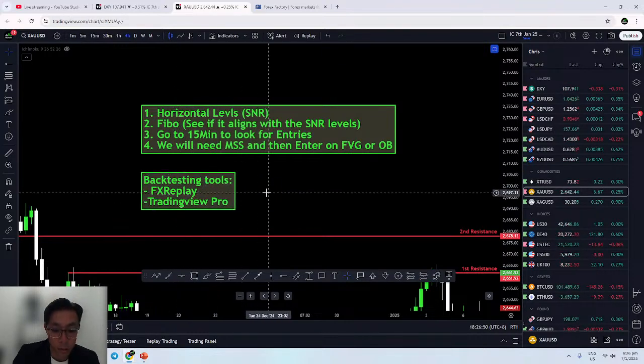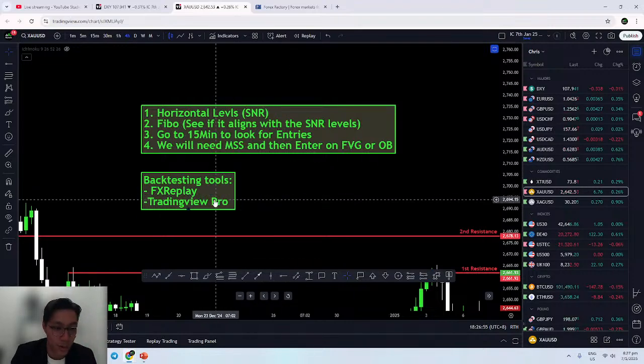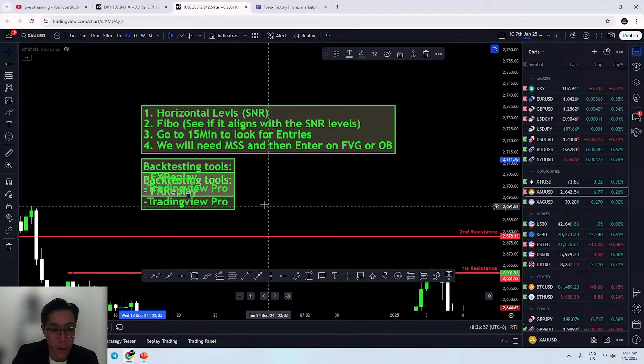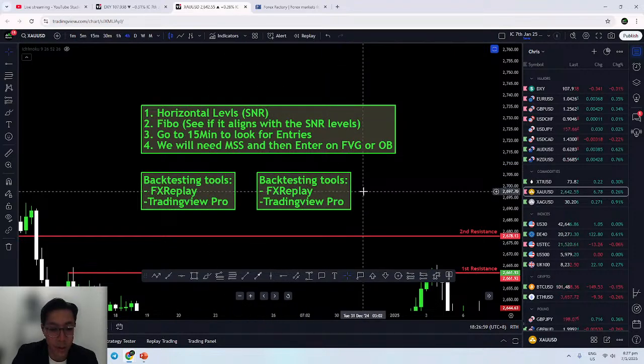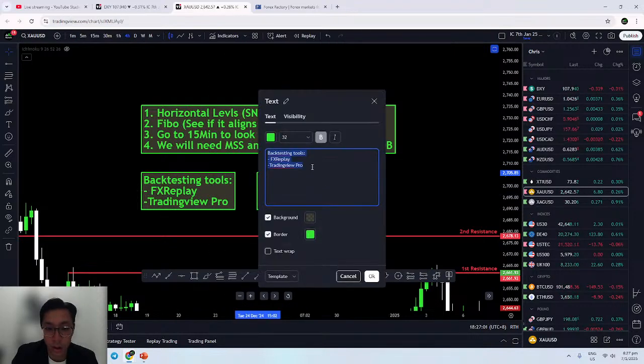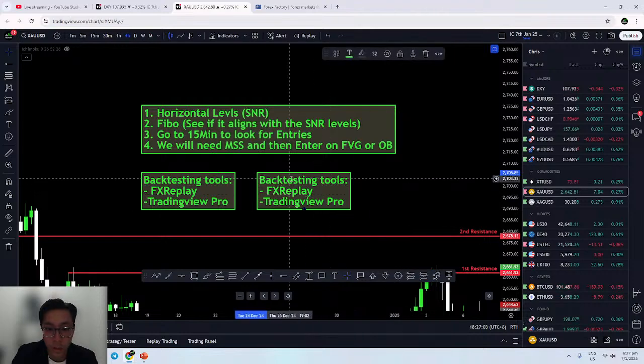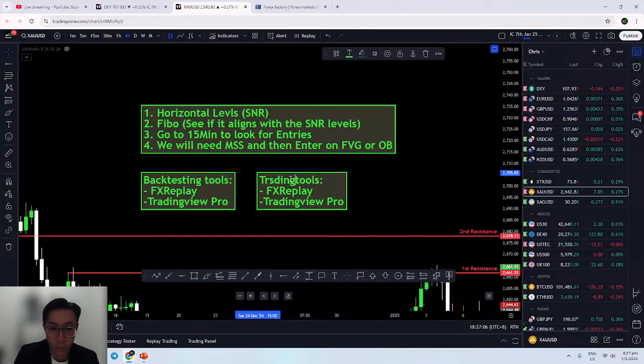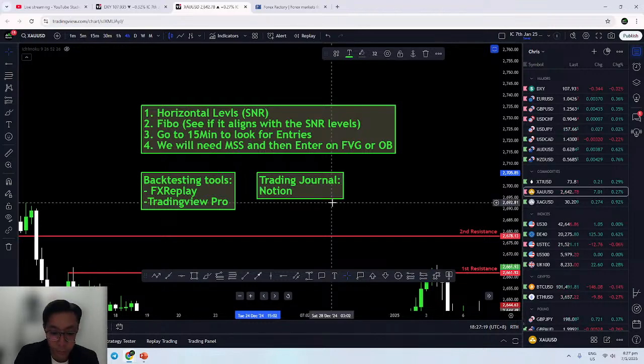Then for trading journals, you can just create your own. One tool that I like to use is just a very simple note-taking trading journal. You can use Notion, like a trading journal.